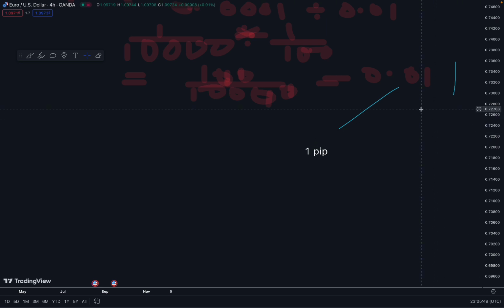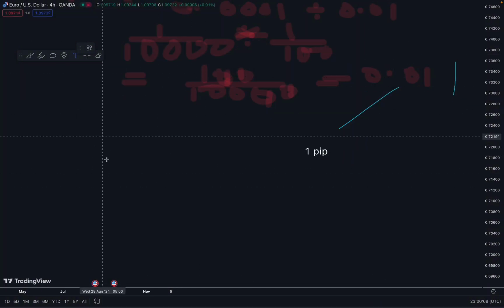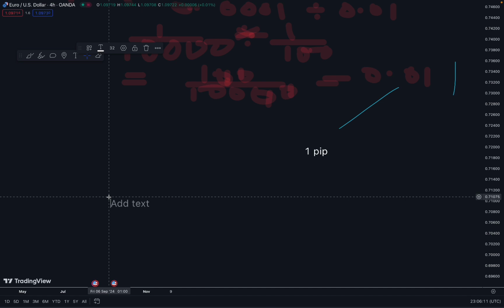So calculating the pip movement in the Japanese yen, we still subtract the smaller number from the bigger number. Let's take a practical example. Let's say the current price of EURJPY is at 167.48.